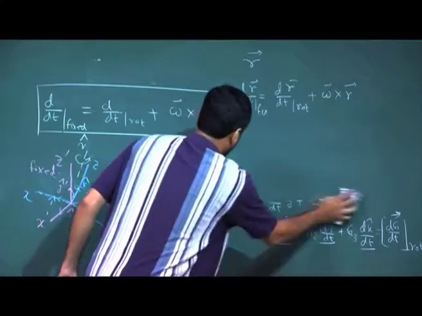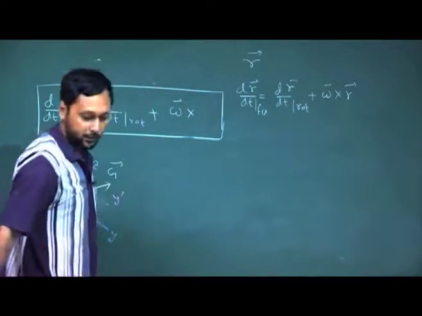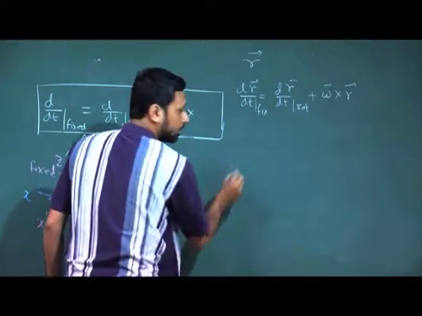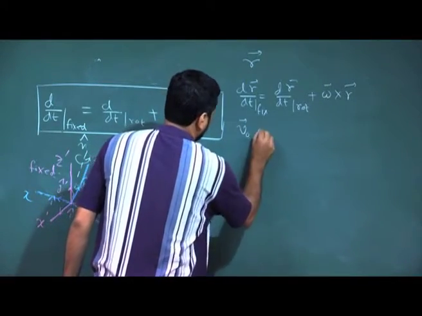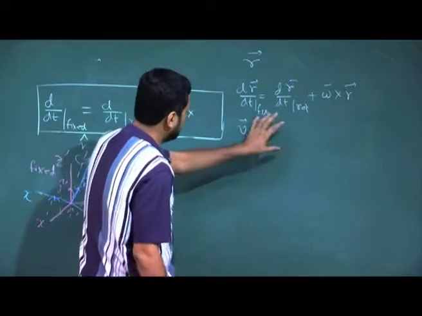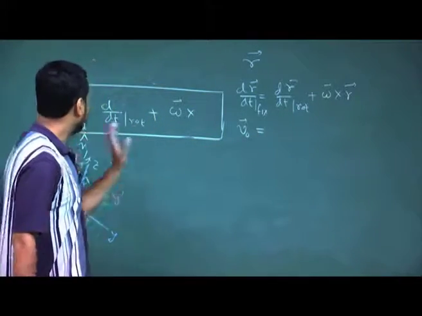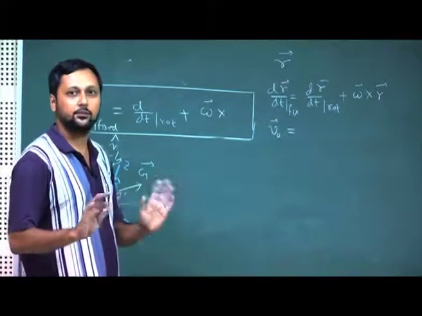What does this dr/dt fixed mean? dr/dt is velocity. So, if the velocity is measured with respect to a fixed frame, let us call it v0. Please understand that the vector g or r or whatever we put in here is frame independent.